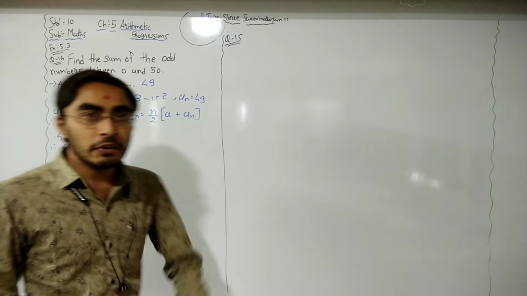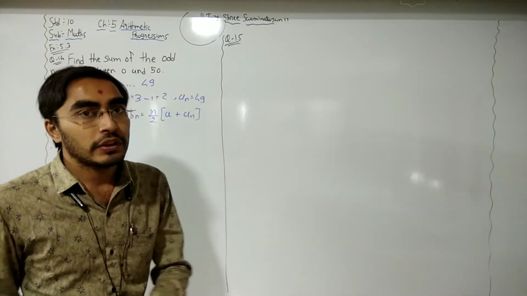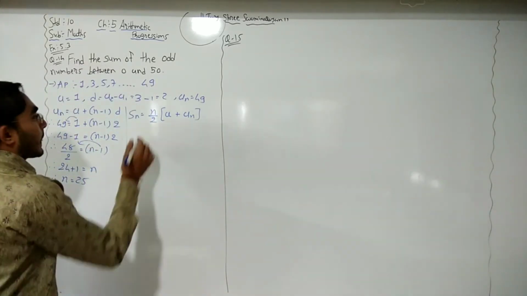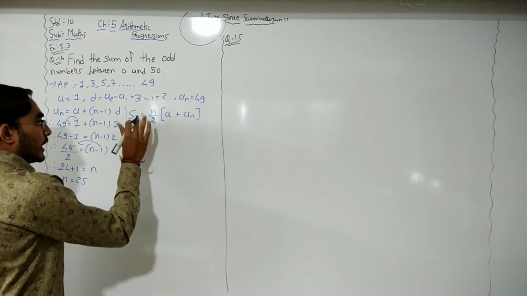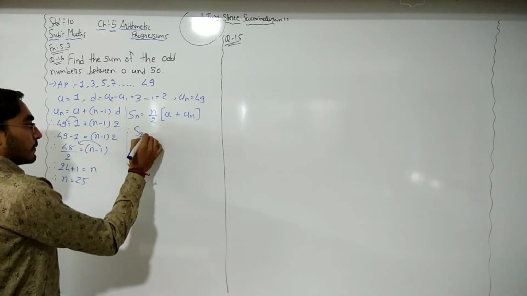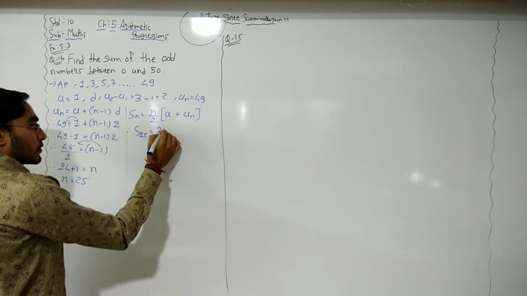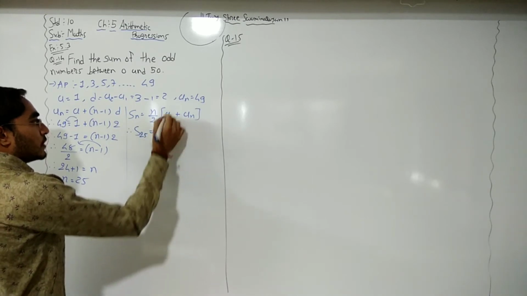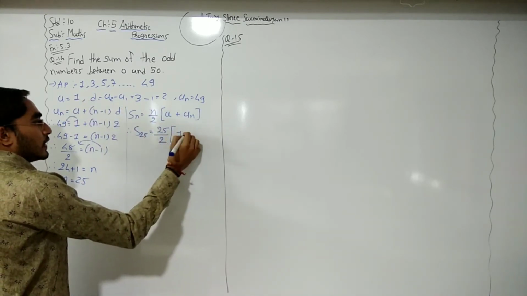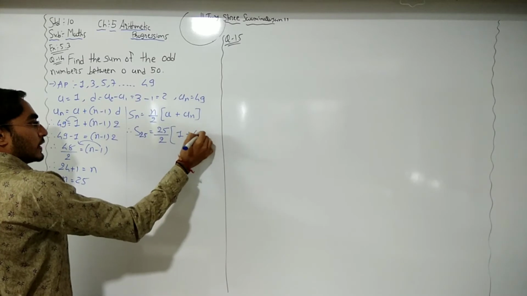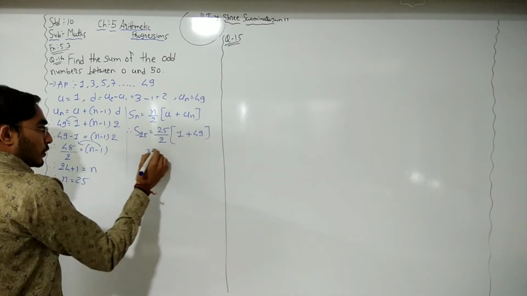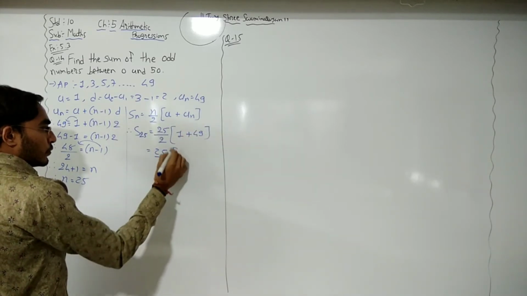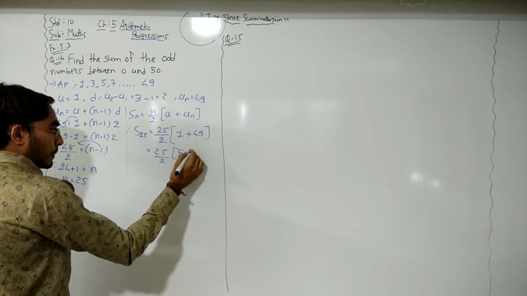The value of n we got is 25. So Sn is equal to 25 by 2 times the first term a, which is 1, plus an, 49. So 25 by 2 times 49 plus 1, which is 50.